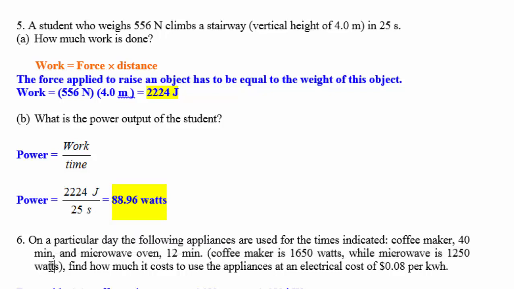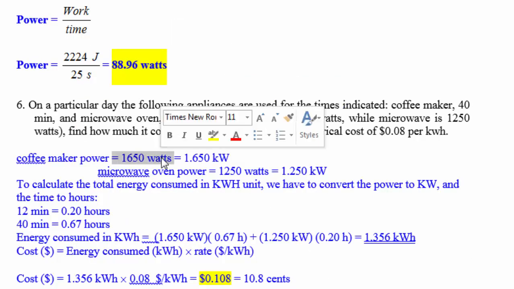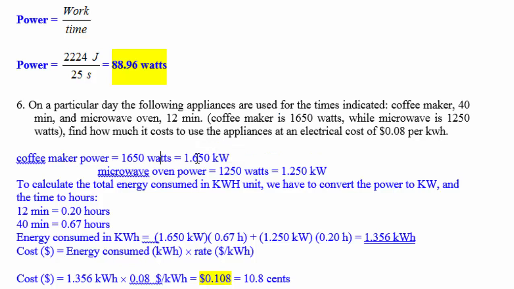So here we have to do the same steps for both appliances. We have to convert the power in watts to kilowatts for the coffee maker and for the microwave. We'll do it separately. And we have to convert the time from minutes to hours. So for the coffee maker, 1650 watts, we divide by 1000 to convert it to kilowatts, meaning we move the decimal point 3 places to the left.